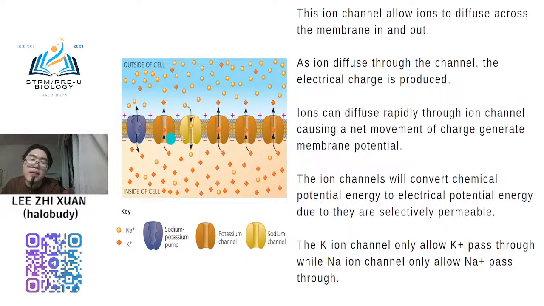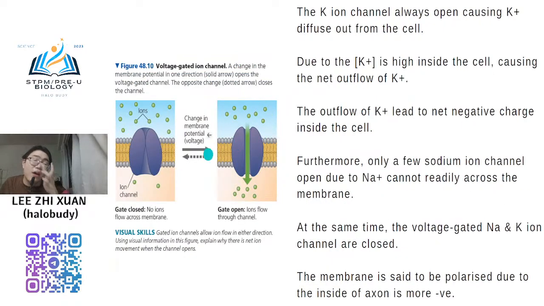So the ions can freely move through this channel based on the concentration gradient. But for the voltage gated ion channel, the ions cannot pass through when the channel is closed. Only when the ion channel is open can the ions pass through.